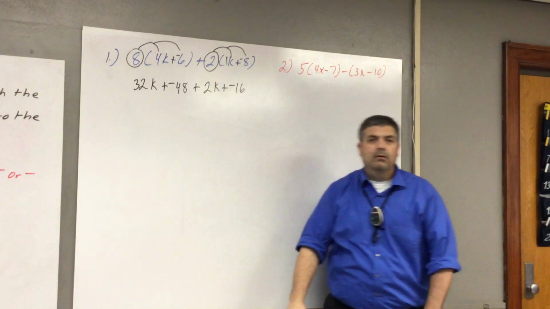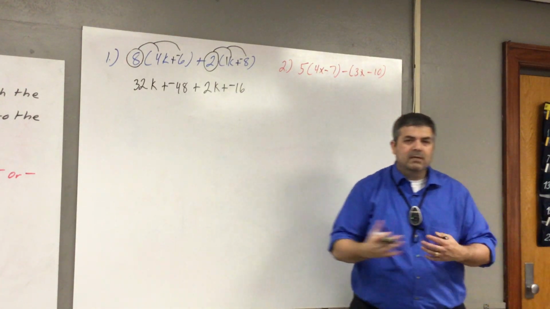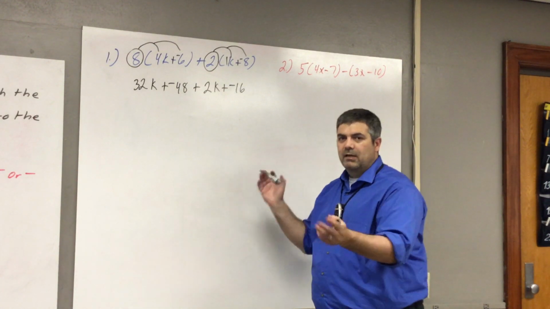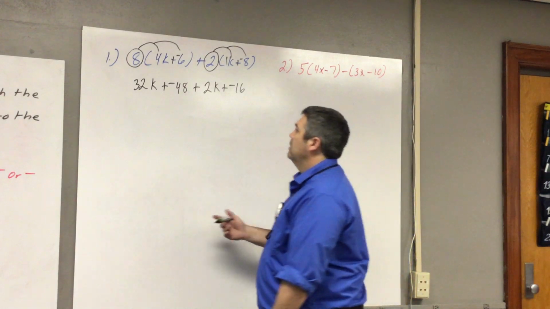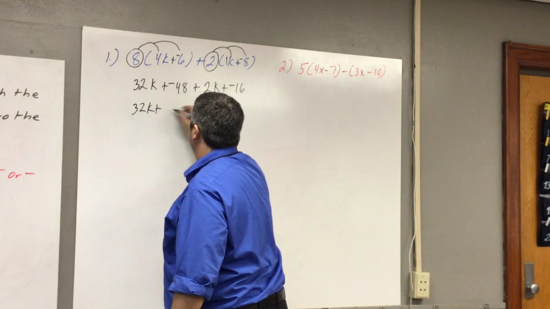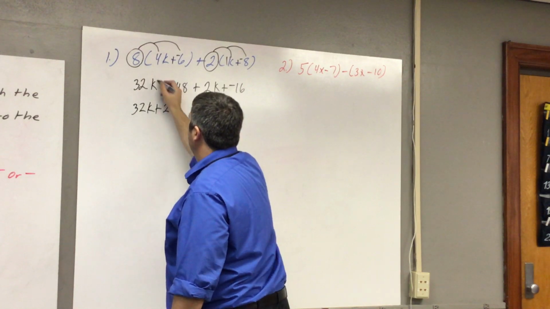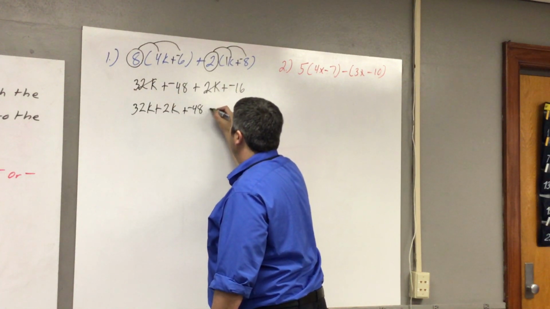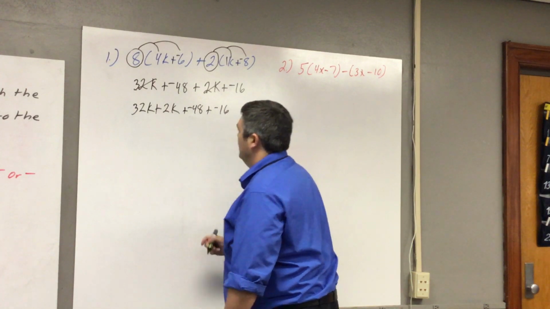Now from here, I can rearrange my problem because now it's all addition. So I can use my commutative property to rearrange it and then combine my like terms. So 32k plus 2k, plus negative 48, plus negative 16.